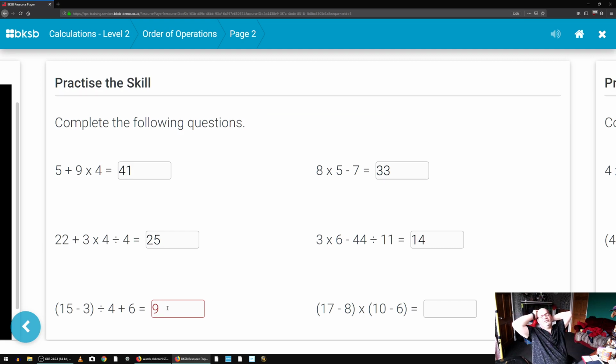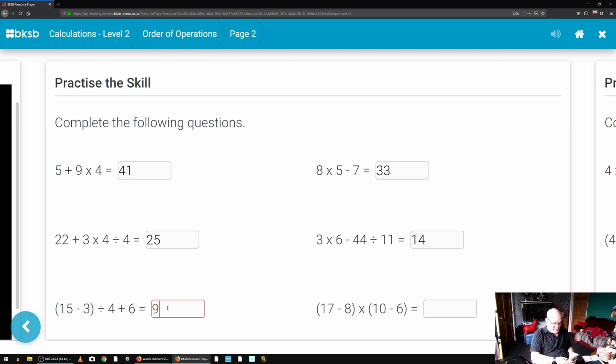Brain is hurting. Equals 12. Right. 12 divided by 4 equals 3. 3 plus 6 equals 9.